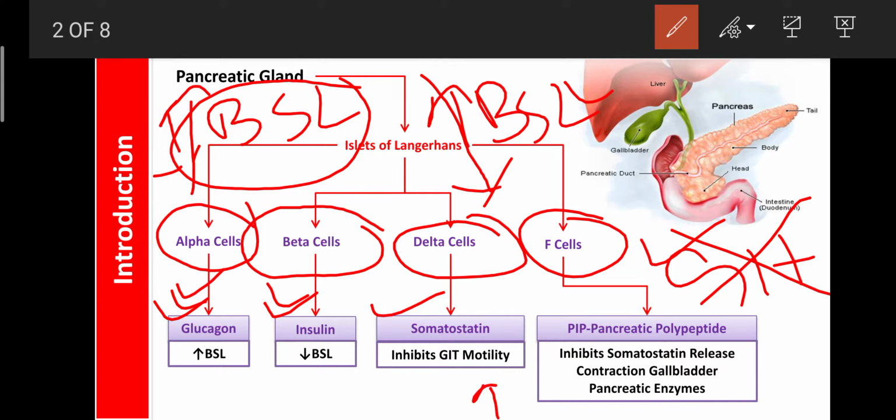Here our growth hormone can enhance growth by enhancing the GIT motility. So it can enhance the digestion, absorption and propulsion of the food. But the somatostatin can inhibit the GIT motility, and with lack of GIT motility, digestion does not occur and absorption of food does not occur.